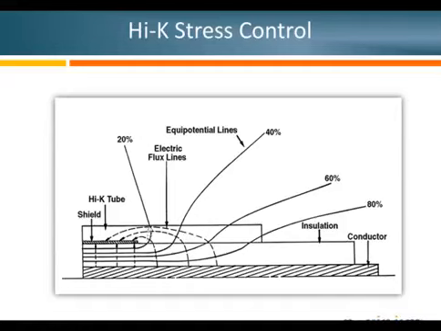Well, you can see when that happens, these equal potential lines are refracted out. They're spread out, they're refracted, so that now you have lower electrical stress at your semicon step, so therefore it won't go into partial discharges readily, and you have lower stress on the surface of your termination because that electrical stress is spread out instead of being concentrated on the surface of your termination.